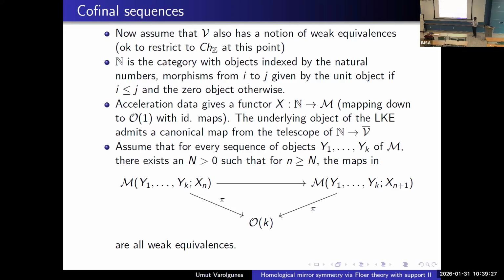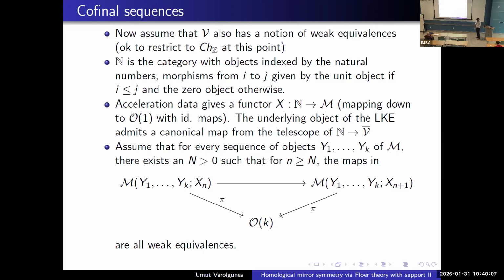How do you prove something like that? This is related to homotopy cofinality arguments, but the assumption that I make is this. For every sequence of objects here, there should exist a sufficiently large number such that after that number, if I look at multimorphisms out of this fixed collection to a sufficiently deep point in my acceleration datum, this should be homotopy equivalent to just whatever the Riemann surfaces give me in topology.